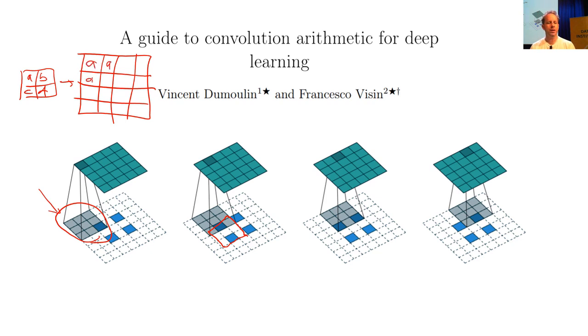A, A, A, A, B, B, B, B, C, C, C, C, D, D, D, D. So I've now upscaled from 2 by 2 to 4 by 4. I haven't done any interesting computation, but on top of that, I could just do a stride 1 convolution, and now I have done some computation, right?